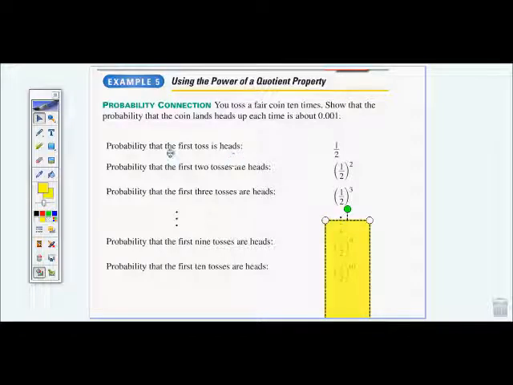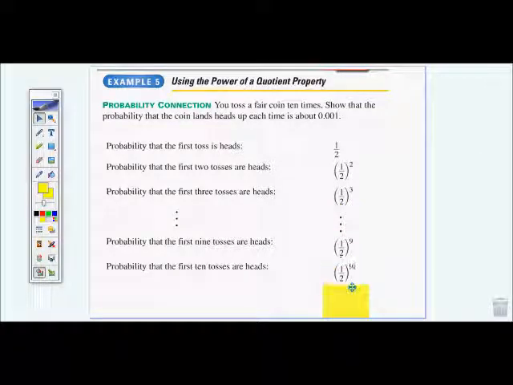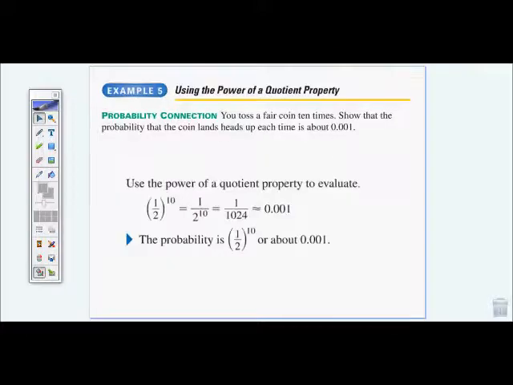So the original question said if we did it 10 times. So it would be 1/2 raised to the 9th power, and 1/2 with the exponent 10 for the 10 tosses. So when we do that, we would have 1/2 to the 10th.